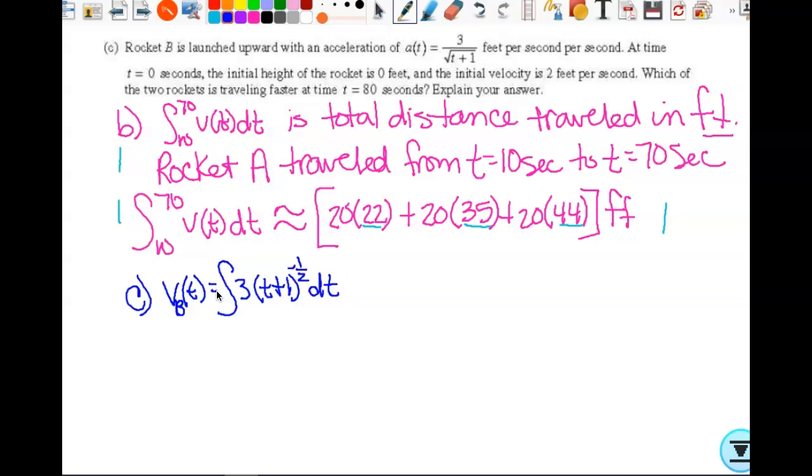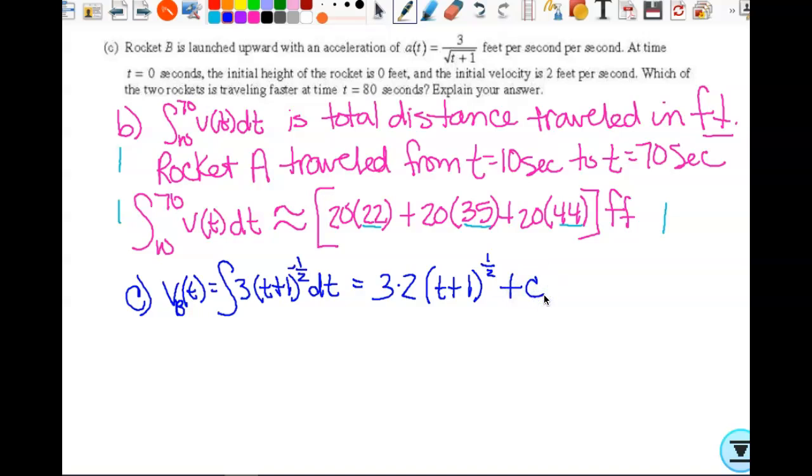Okay, so then we are going to integrate. When we integrate, I'm still going to have this 3. I'm going to add 1 to the negative 1/2, which makes it a positive 1/2, then I divide by the positive 1/2, which means I multiply by 2. And then this is t plus 1 to the 1/2 power. Then what else do I need? Plus c. Okay.